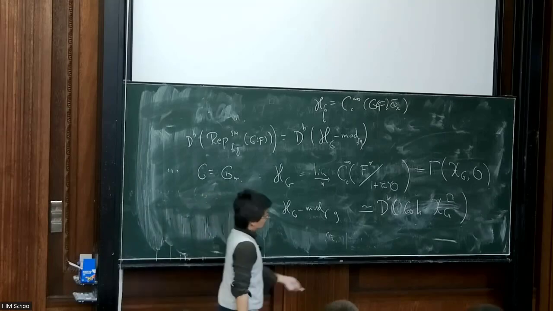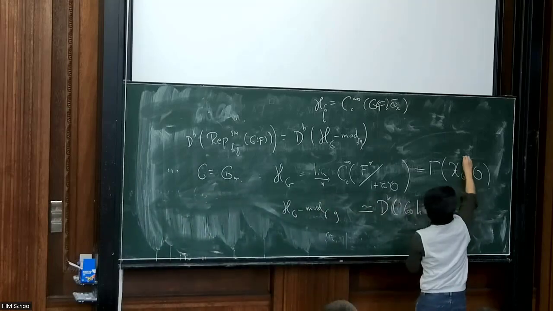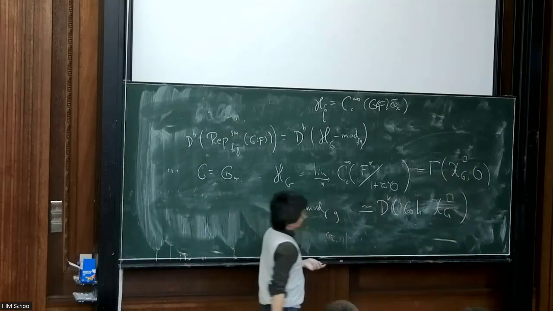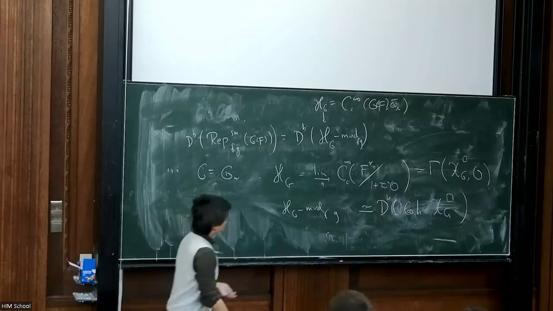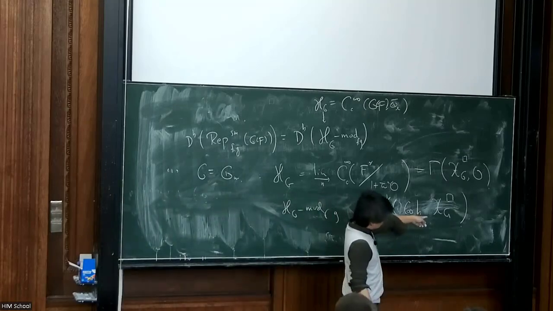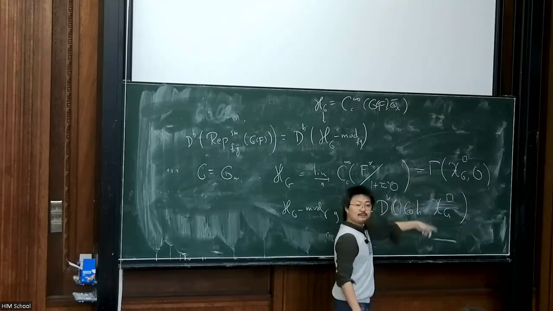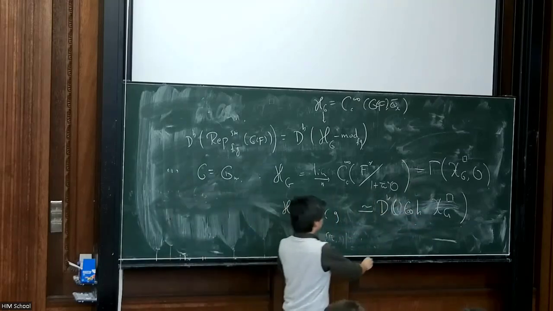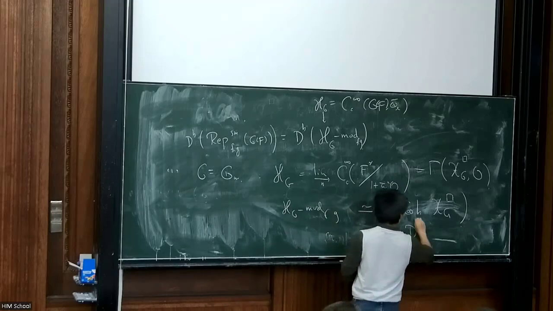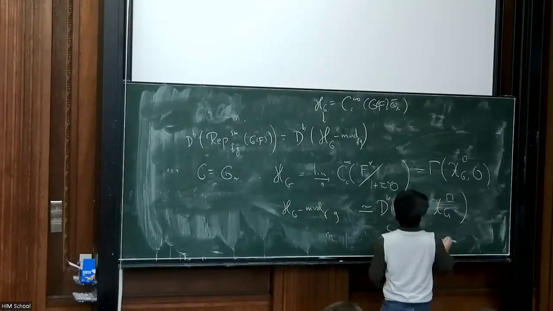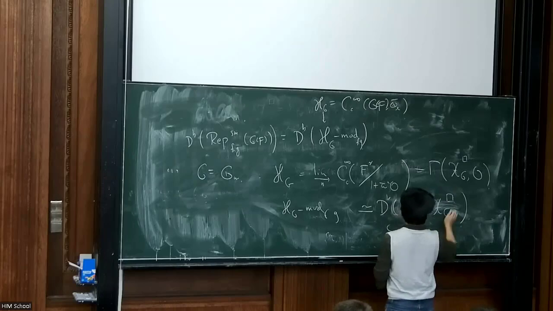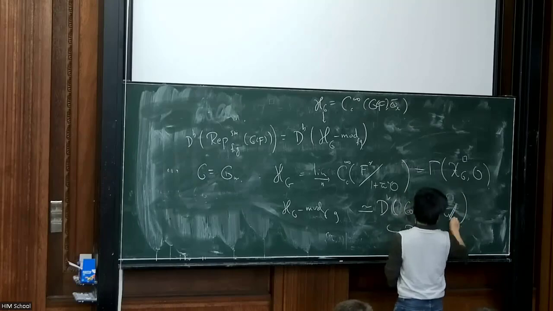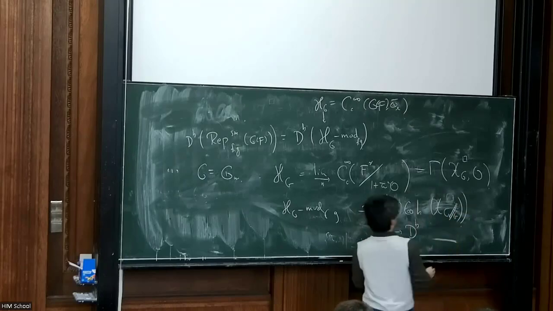So in this case, the functions on this framed L parameter space is already like this. The GM acts trivially. And this actually embeds into, or maybe it's better actually to consider the GIT quotient.